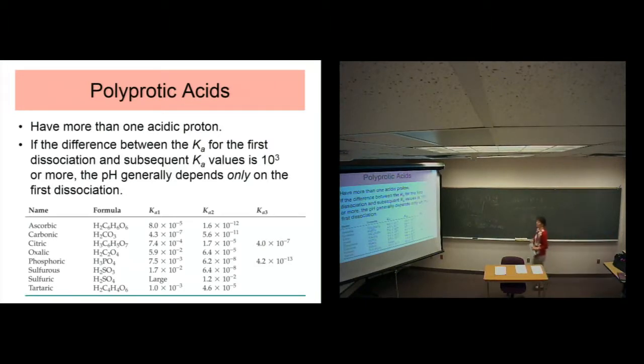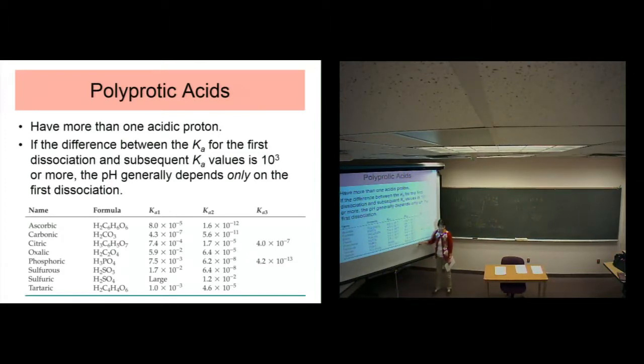The first one's easier to lose, a little bit harder to lose the second one, a little bit harder to lose the third one. Our Kas reflect that. The first one is going to be the bigger Ka because it's easier to come off, it's more acidic. The second hydrogen coming off, not so much. The third hydrogen is a little harder still, less acidic.